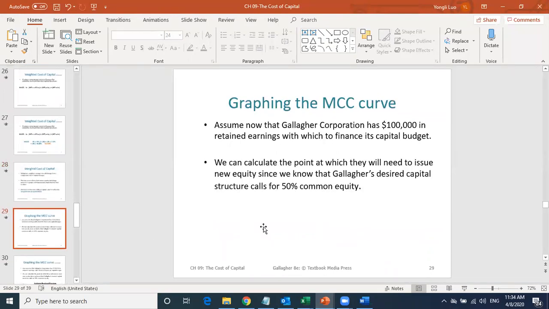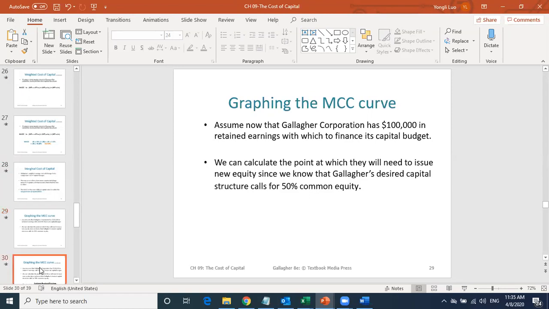For example, assume the company has 100,000 in retained earnings. Retained earnings typically cost the lowest to finance capital budgeting. So we can calculate the point at which they will need to issue new equity, since the company's desired capital structure calls for 50% common equity.